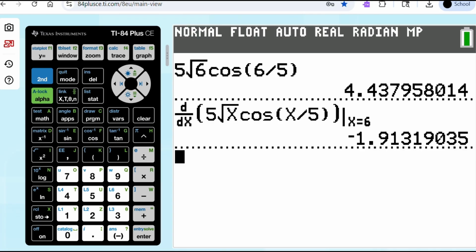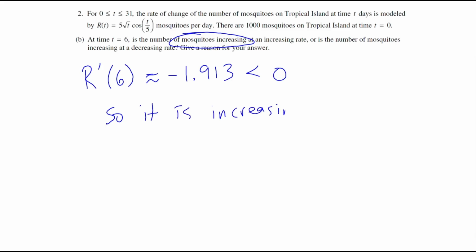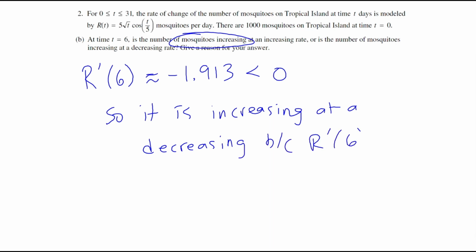We get negative 1.913, which is less than 0, so it is increasing at a decreasing rate because its derivative is negative. We'll say r prime of 6 is less than 0. They give you 2 points for that, one just for considering r prime of 6 at all, and one for the answer with a reason.